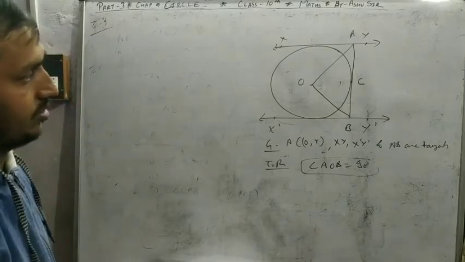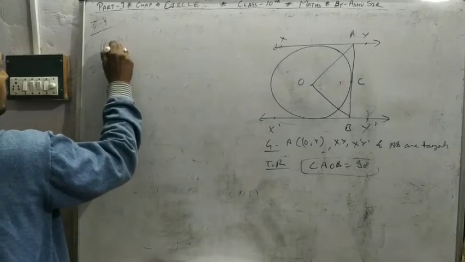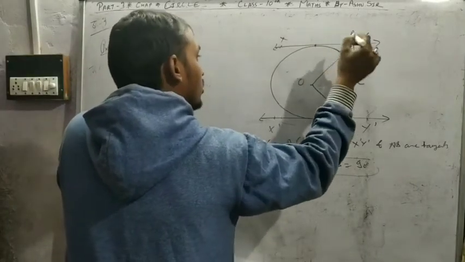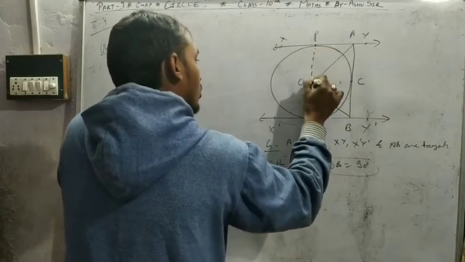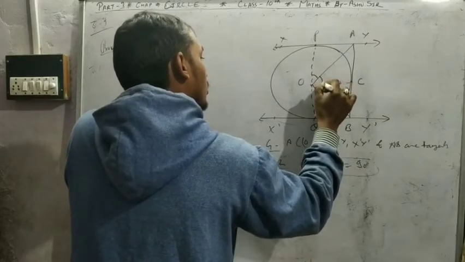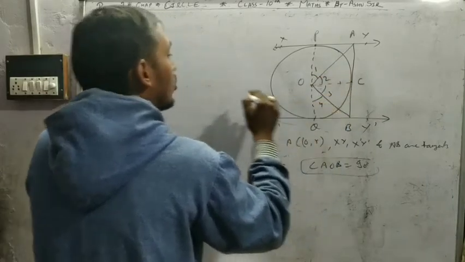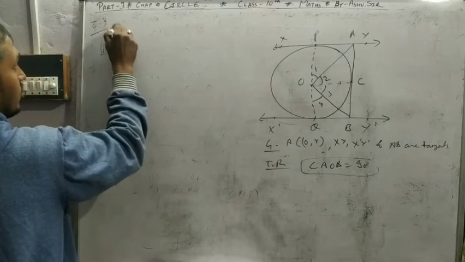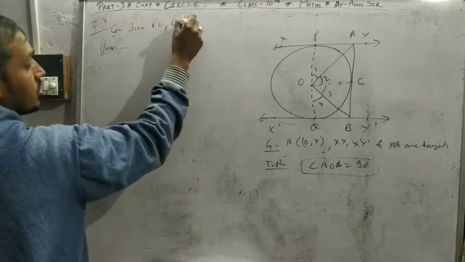These are given, so we want to prove it. Suppose the points are P and Q, and label the angles one, two, three, four. For construction, join PO, OC and OQ.